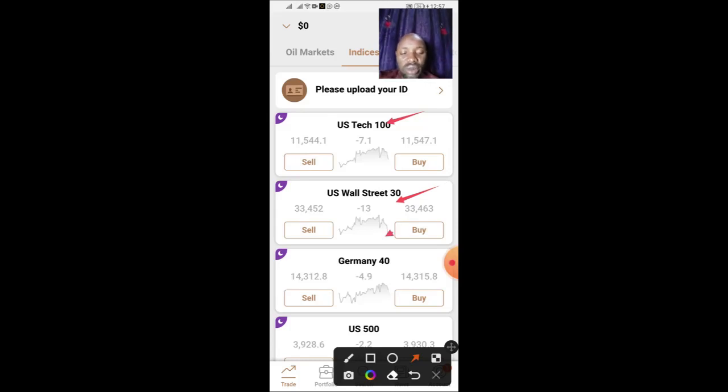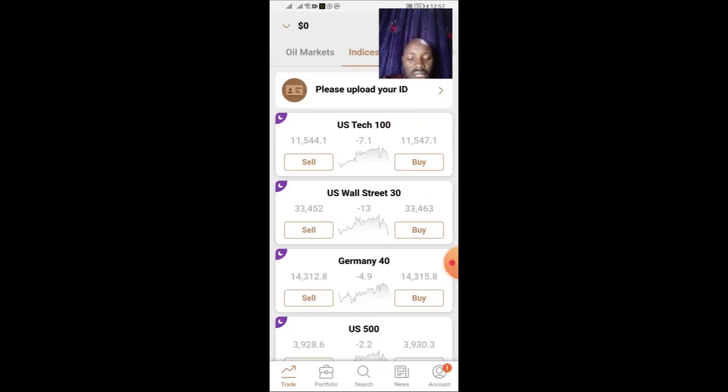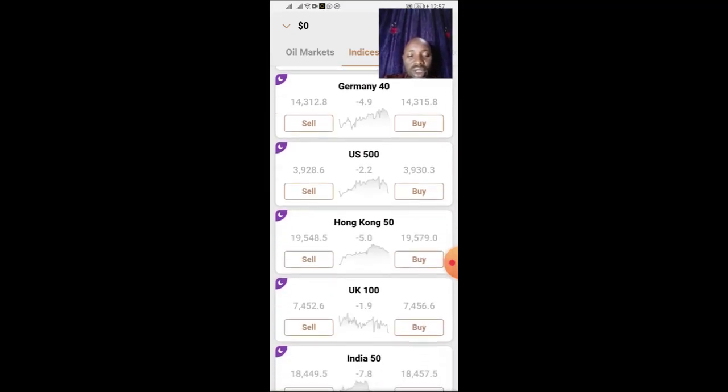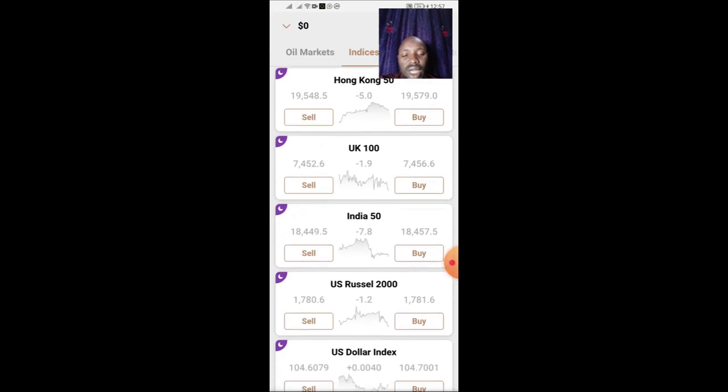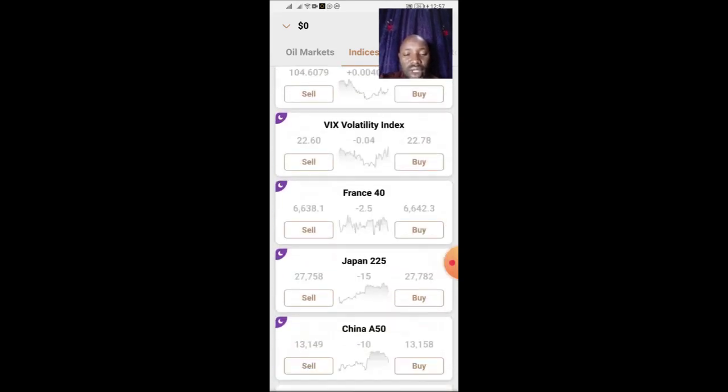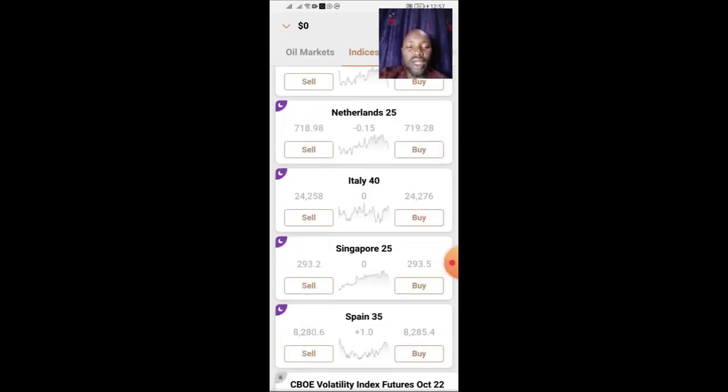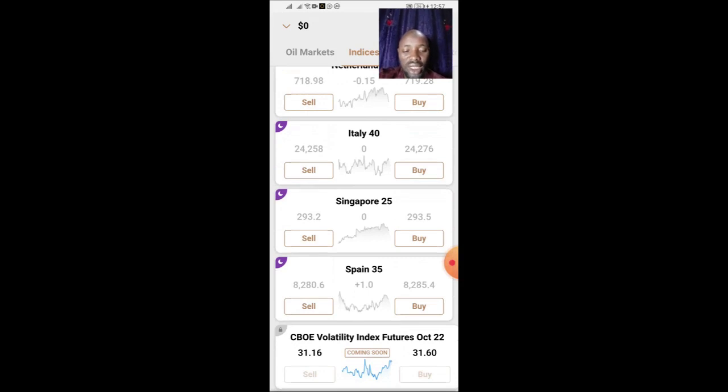The US 500 and a lot more. You see Hong Kong 50, UK 100, India 50. All these are companies, some of them residing in the specified country, and online you can easily trade their asset and make profit from it. So that is what we mean by indices.